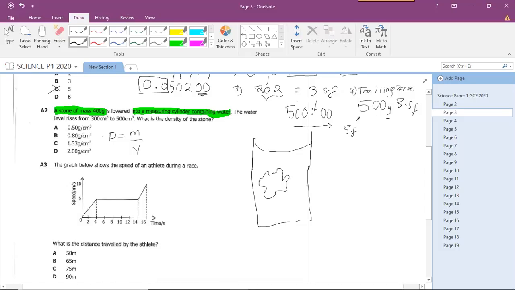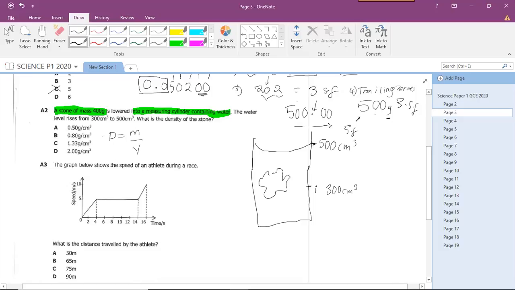The initial level of water was 300 cubic centimeters, and after lowering this irregular object, this stone, the water level rose to 500 cubic centimeters. What is the density of the stone? That's what the question is asking for.